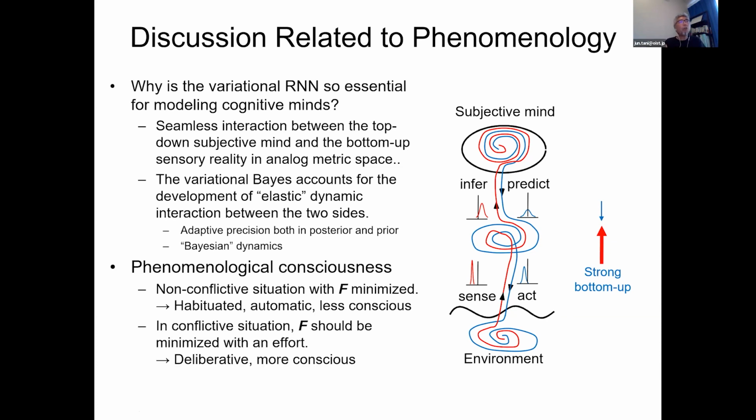However, in a conflictive situation, free energy should be minimized, but that requires effort, like the push and pull I showed you. That is effortful, which is why it looks more deliberative and goes to more consciousness. Okay, I won't go into this one. That is the end of my talk today.